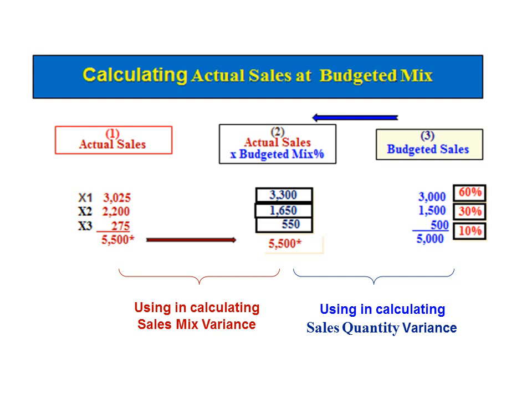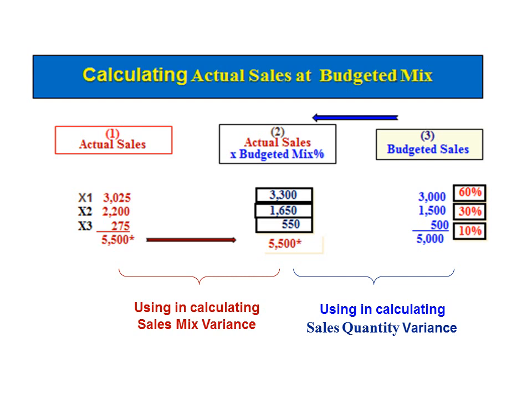Actual sales minus actual sales using budgeted mix percentage is sales mix variance, but actual sales at budgeted mix percentage minus budgeted sales is sales quantity variance. Okay, again I repeat for 100 times, my problem in variances analysis is how to calculate correctly the amounts.